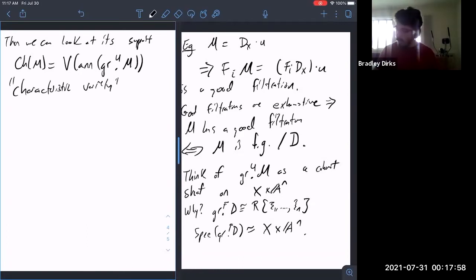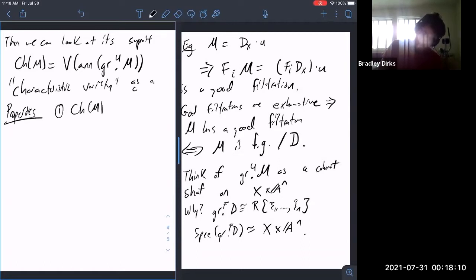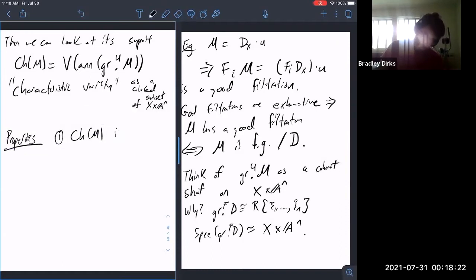And so we'll see some properties. Well, first of all, this is a closed subset of X cross A^n. So let me lower this. So this does not depend on choice of good filtration.